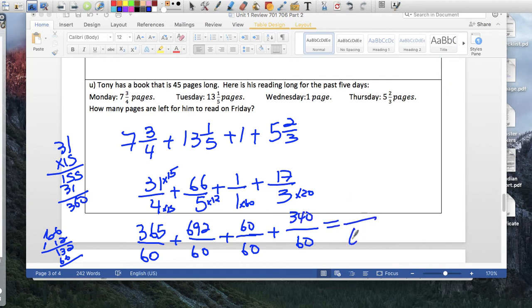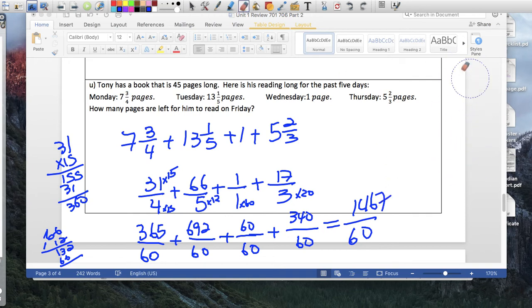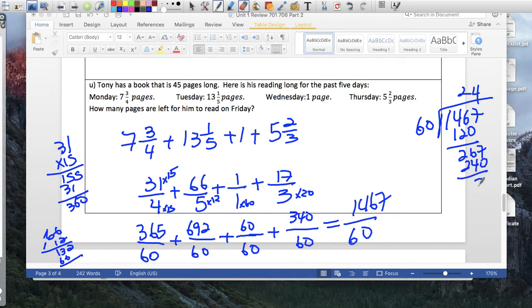So it's going to be over 60. 365, 692, 60, and 340. If I add them together, I got 1467, which I'm going to change to a mixed number. 1467 divided by 60, it's going to be 24, because it's 240, and then I'm going to have 27 left over.